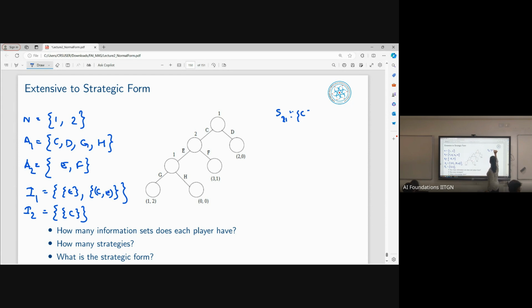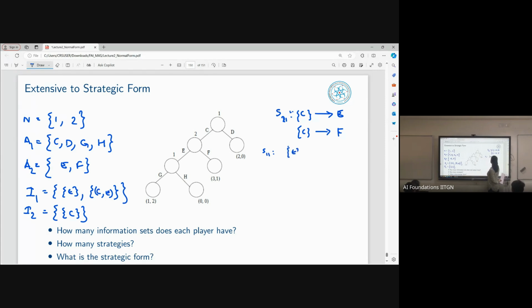For this information set, it can either be E. And for this one, epsilon.